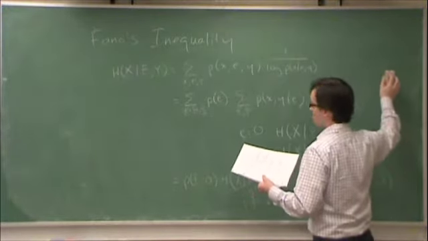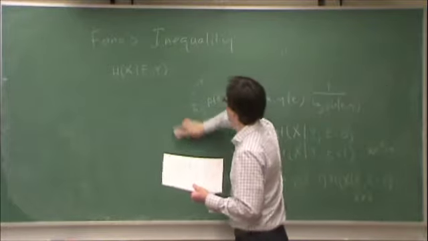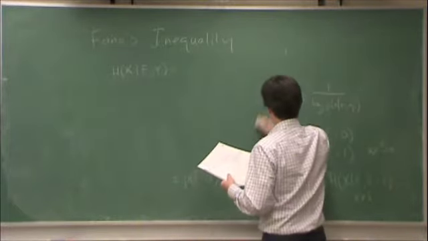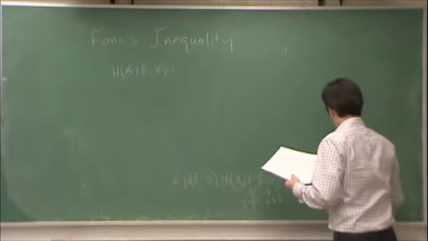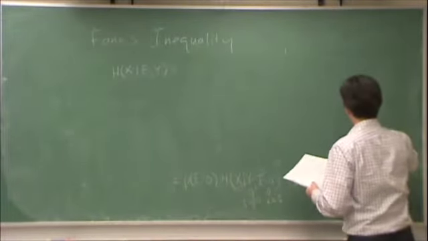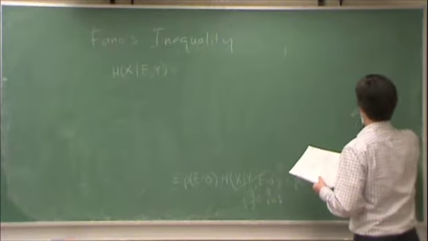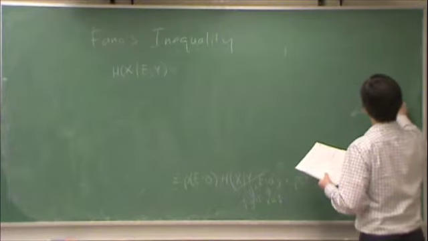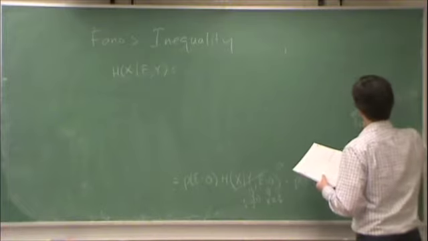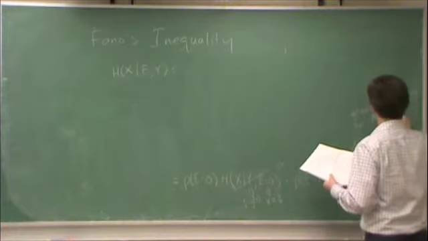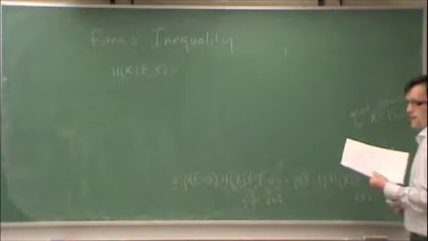So what that means is that the number of possibilities for x is equal to the cardinality of Sx minus 1.